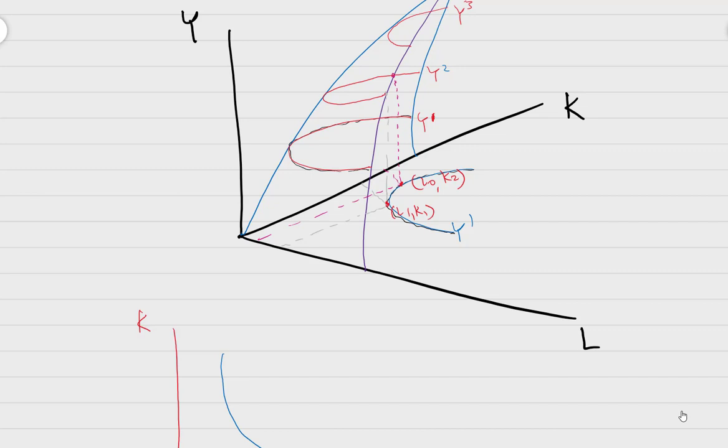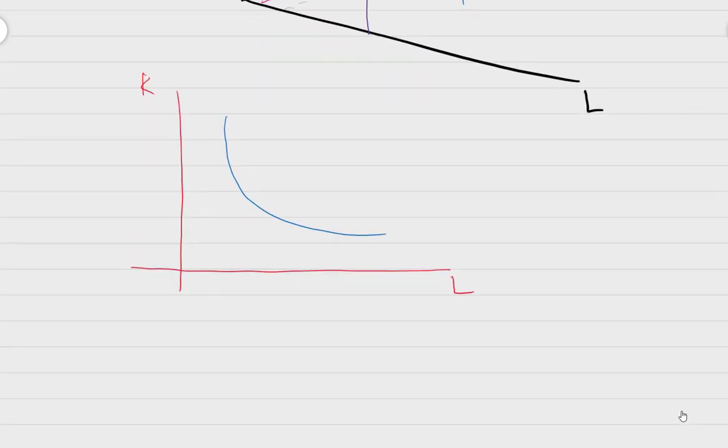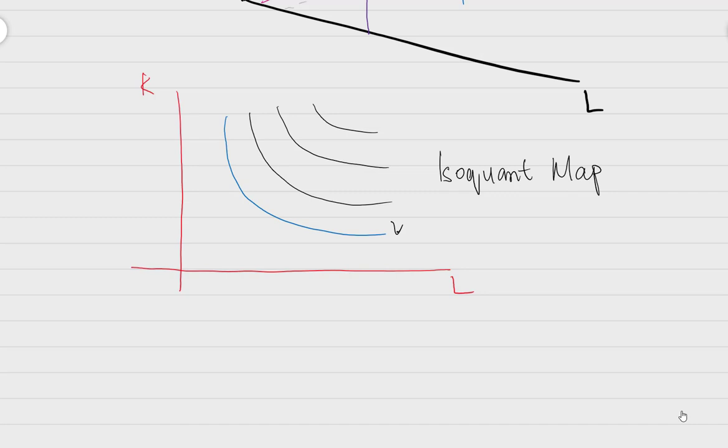If we draw the images of all those level curves on the LK plane, what we observe is level curves one on top of another. When we have several isoquants in one graph, this is called an isoquant map, where a lower isoquant gives a lower level of output and a higher isoquant gives a higher level of output.